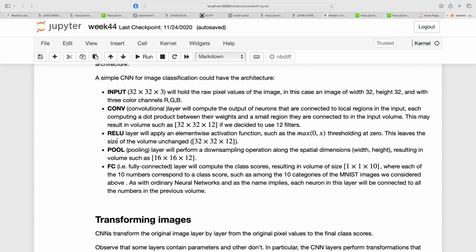Then there is something which is called a pooling layer. This is a downsampling where you reduce the dimensionality further. So what you could do then is that you could take an image which is represented as a matrix, let's say 32 times 32 pixels, and you split this in sub-matrices. You have performed a ReLU calculation where you find a specific value for each of these elements of that matrix.